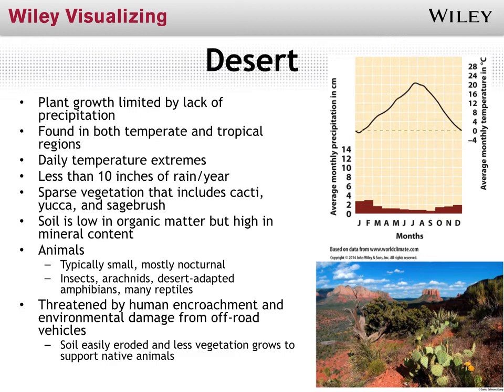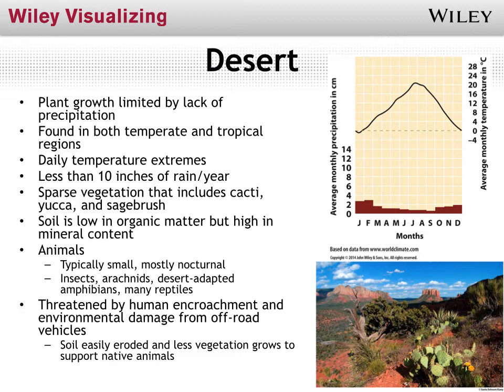So again, you have to have plants and animals that have evolved in this area to first of all be able to resist the dryness of the area. Deserts are defined as any area that has less than 10 inches of rain a year, and some have even way less than that. But then those animals, and plants, also have to be able to deal with the very hot and very cold extremes.